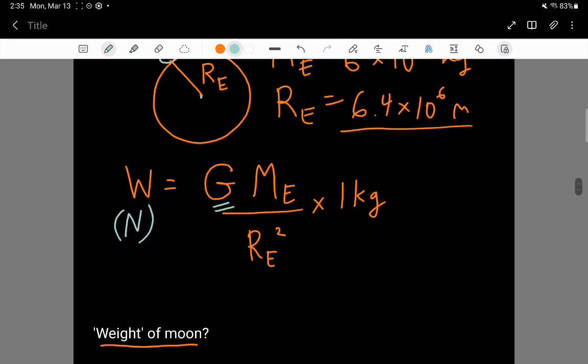What's interesting is you might put this in parallel with thinking about the old way that you calculated the weight force. The old way looked like this. You took the mass of the object that you cared about and you multiplied by the acceleration due to gravity where that mass was.